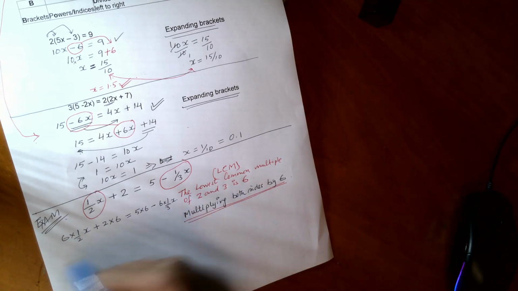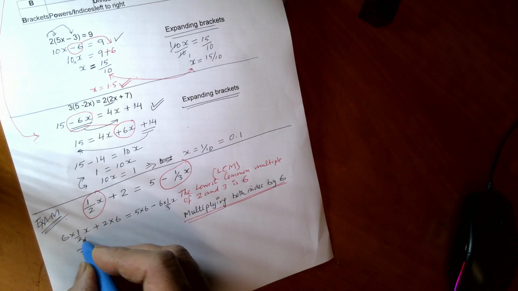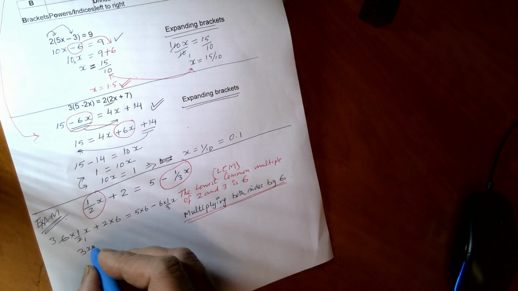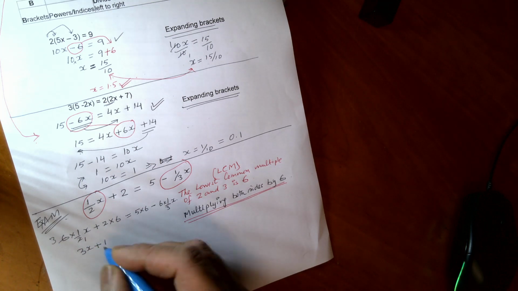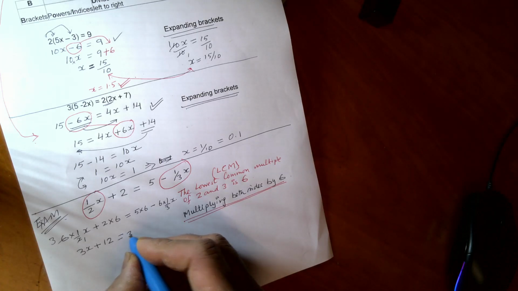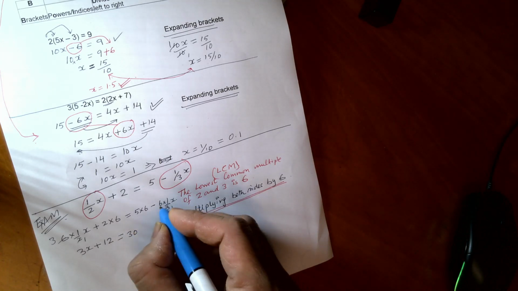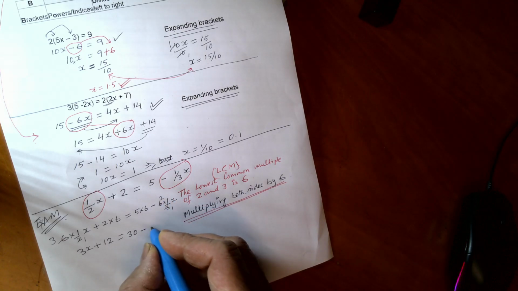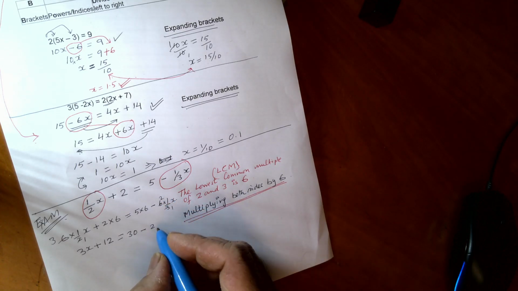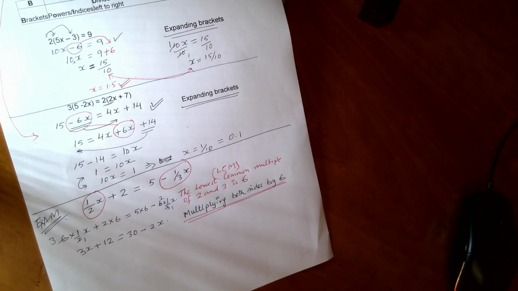Then you can further simplify this. So that will give you 3x, plus 12 equal 30. Then again here, minus, so that's 2x.